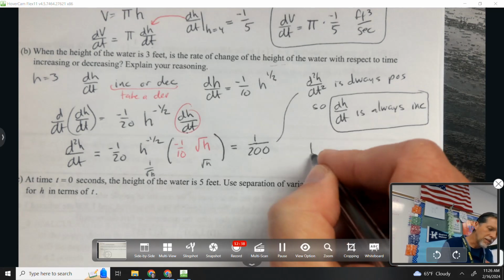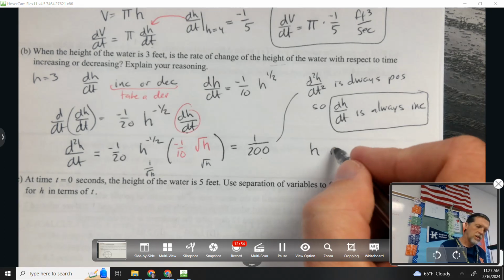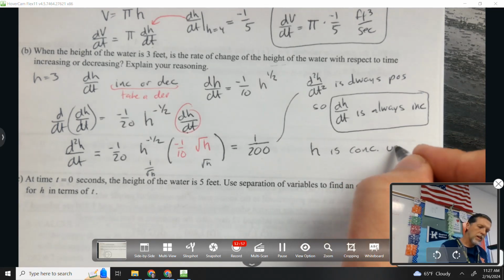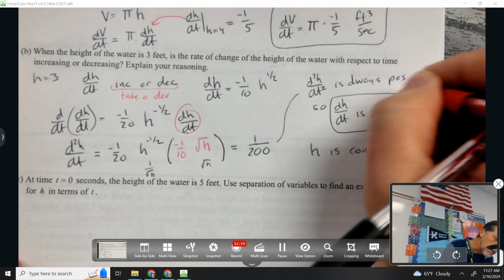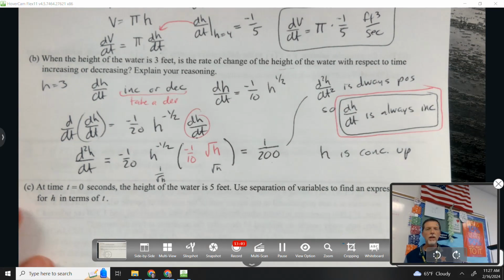If the second derivative is always positive, what does that tell me about the function? Concave up. That's not what it asked, but just while I'm thinking about the different things that the second derivative tells me. So dH/dt is always increasing. It doesn't matter about the 3 feet or not.